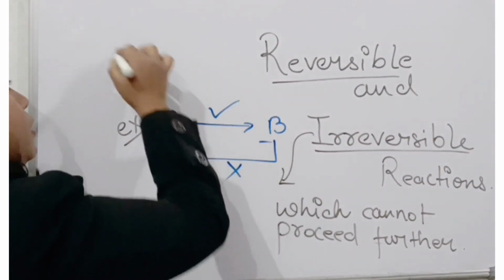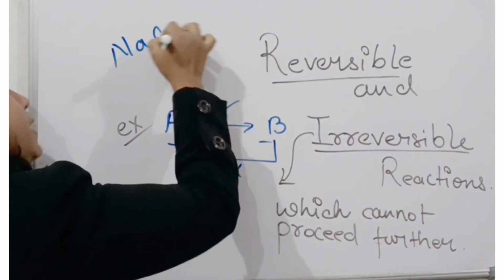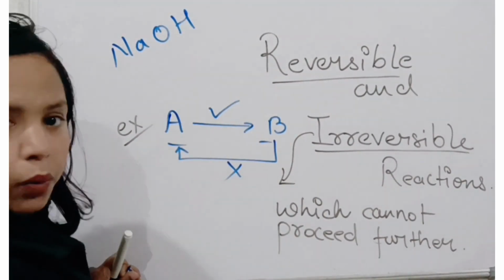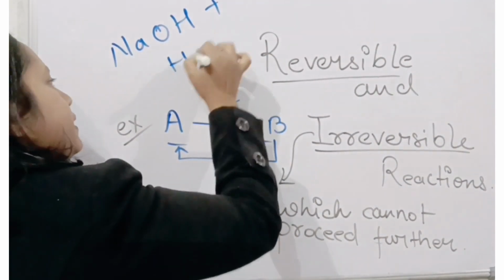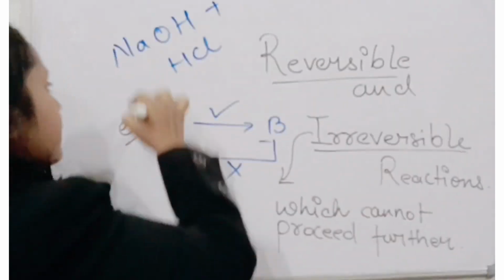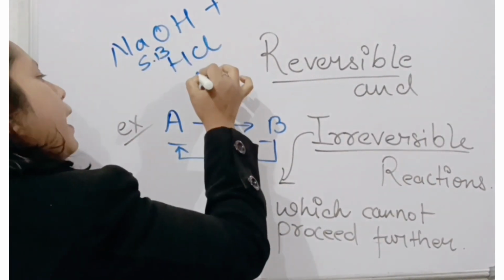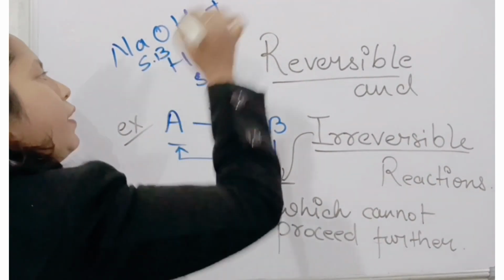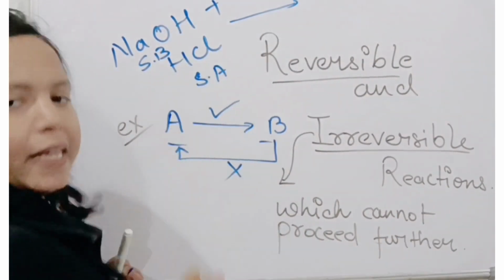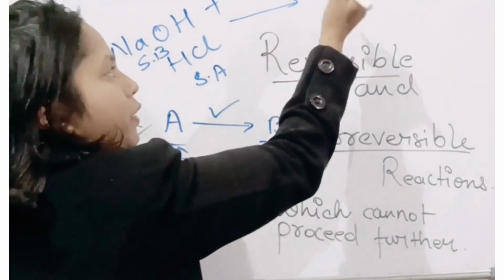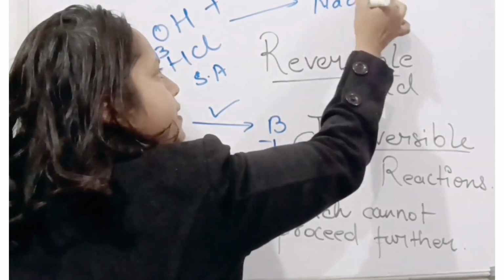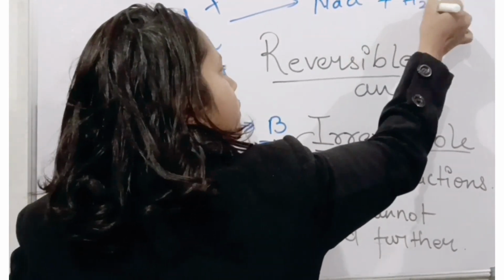Okay, let's take one example. For example, we have NaOH, which is a strong base, plus HCl, which is a strong acid. When you mix this NaOH and HCl, what will form? It will form a salt, that is NaCl plus water, right?